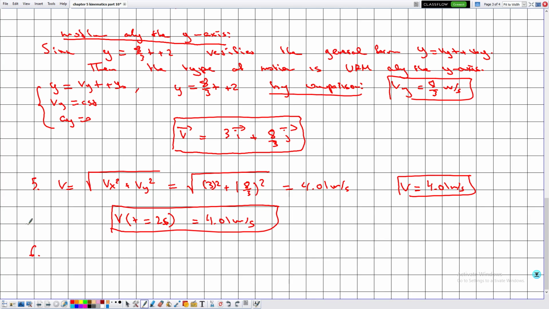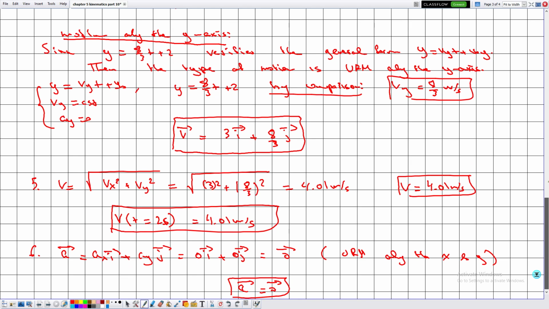Then we can say that a is equal to ax i plus ay j, which is equal to 0i plus 0j, which is equal to the 0 vector, URM along the x and y. So the acceleration vector is equal to the 0 vector, okay? And notice that vectors must exist on the left and on the right.